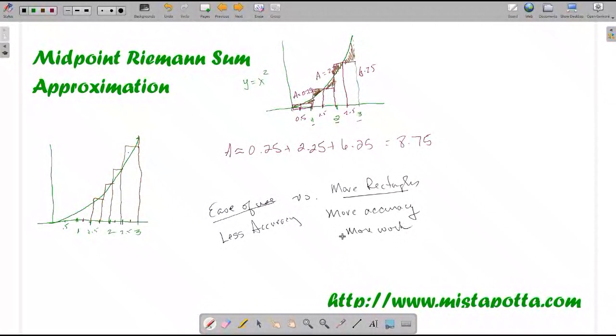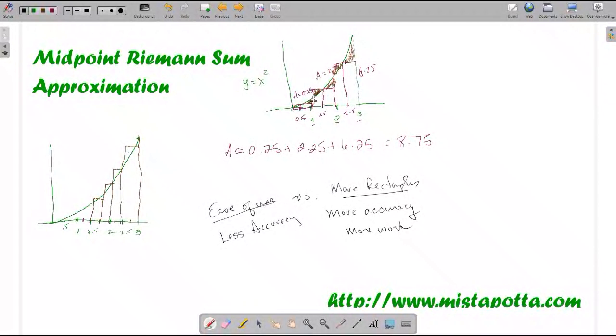So I can use this idea of area under the curve for very complicated shapes. I can kind of emulate what that shape would be by taking a collection of rectangles. And depending on my situation, maybe a left Riemann sum would be the best choice.